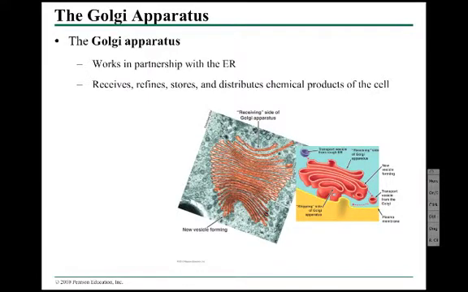Now, another piece of the endomembrane system is the Golgi apparatus, and it works with the endoplasmic reticulum. If you look at the picture on the bottom, it sort of looks like a bunch of flat pancakes, but it is often the final distribution manufacturing center, so to say. It may receive material from the endoplasmic reticulum, and inside it has channels.